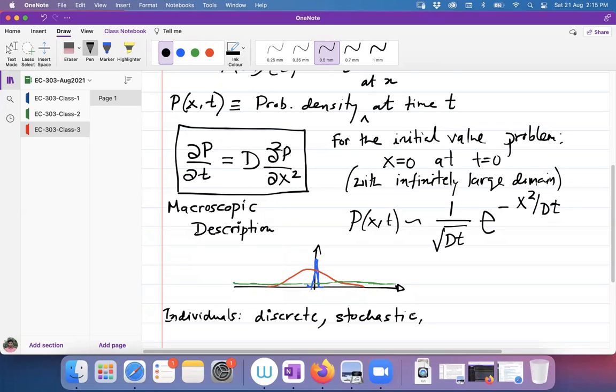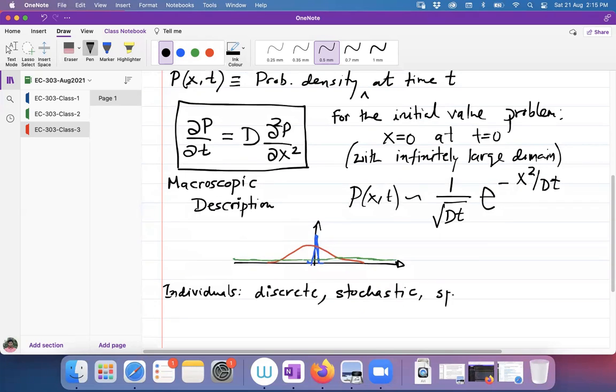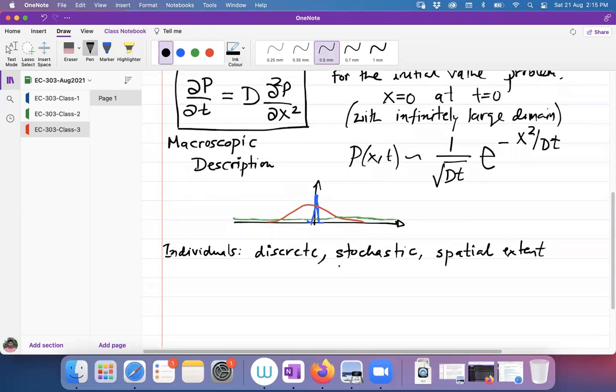And of course, they have spatial extent. However, what we often do when we write down mathematical theories is simplify in various ways. We simplify discreteness, stochasticity, and spatial extent to make various approximations, to make our analysis manageable.